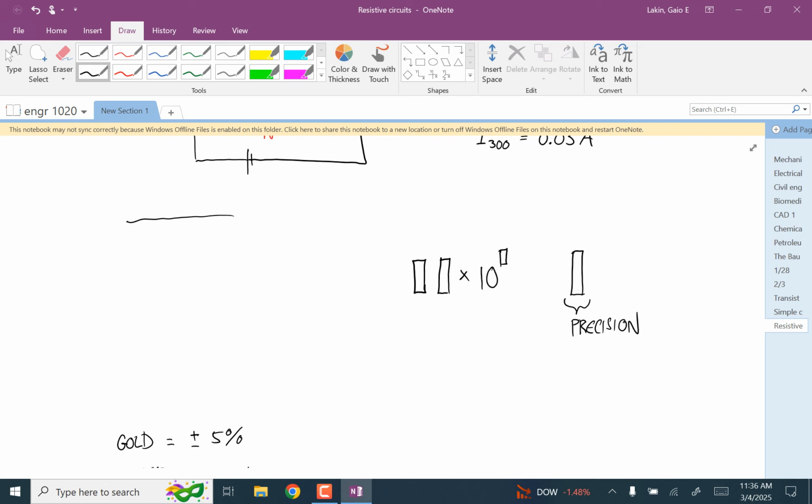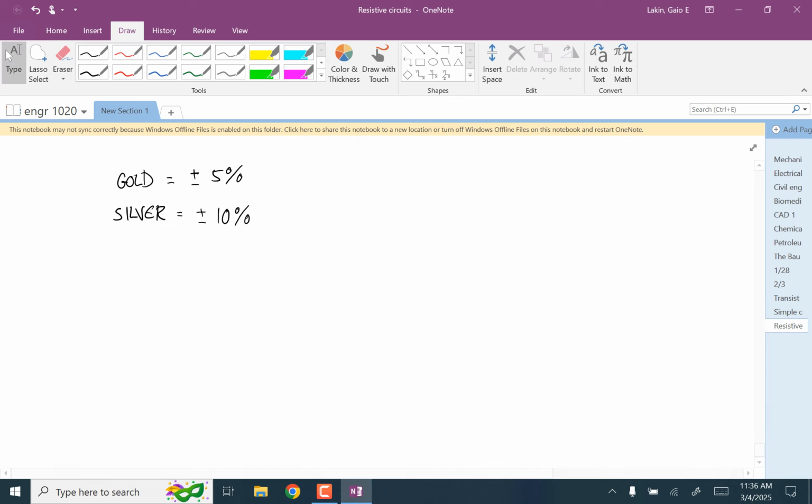Okay, so what's going to be the resistance of this resistor? Well, using this code, the orange means 3, okay? So if this thing is orange, orange, brown, that means 3, 3, times 10 to the brown is 1.